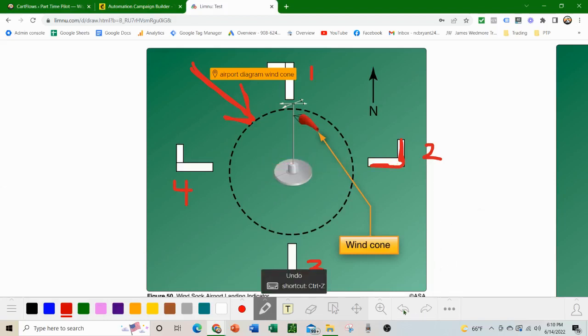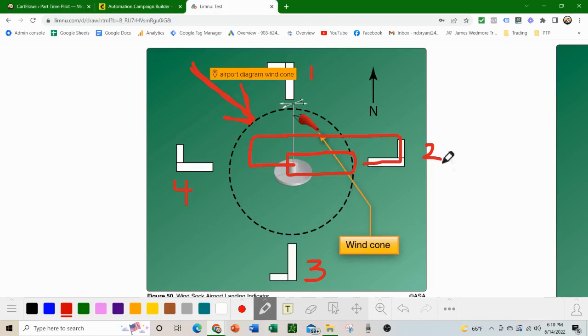Okay? So if we were to draw out the whole traffic pattern, you would have your downwind, base, final, you'd have a runway here, and then you would take off here and then run like that.